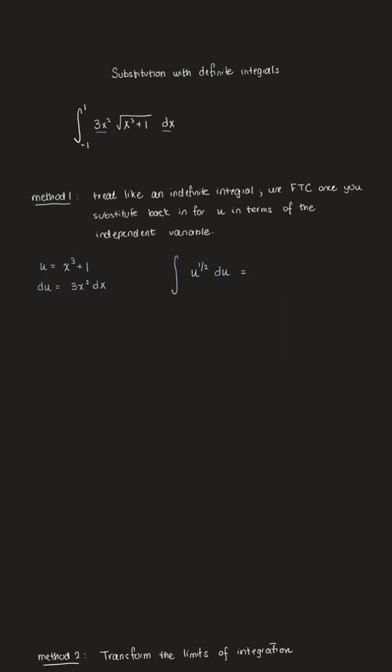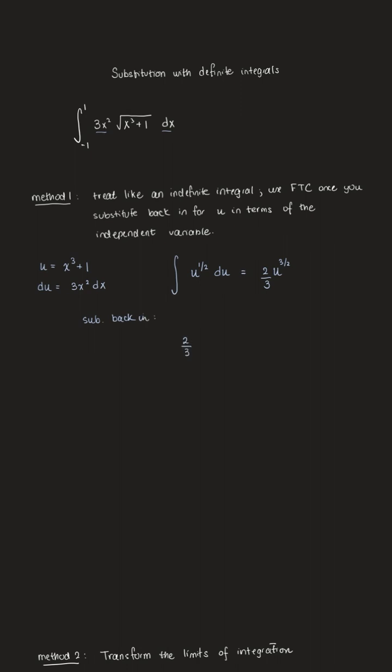So this will become, we'll use the power rule, u to the 3/2 times 2/3, and I'm not going to add c because we know that this is in fact a definite integral. So there is our integration. Now we're going to substitute back in for u in terms of x, as we would with an indefinite integral.